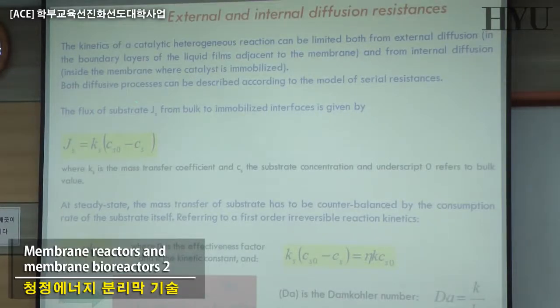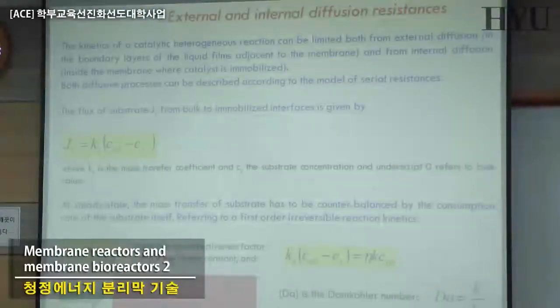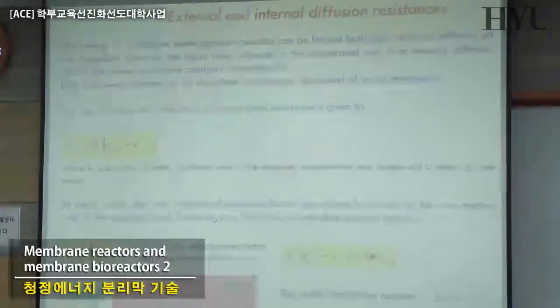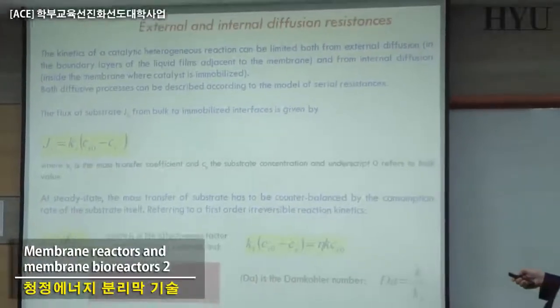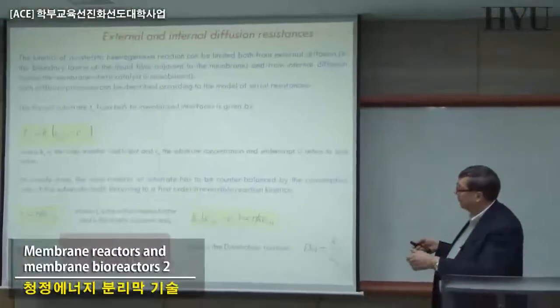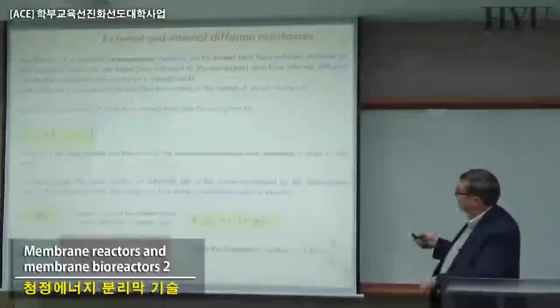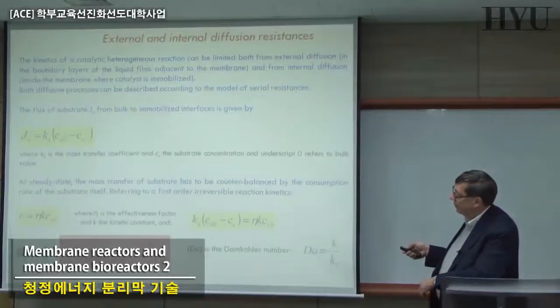That's exactly the same term. In this case, the flux of the substrate is proportional to the driving force, the difference between the concentration in the bulk and the one at the interface. K is the mass transfer coefficient, and CS the substrate concentration, reactant concentration, in the bulk and at the interface.